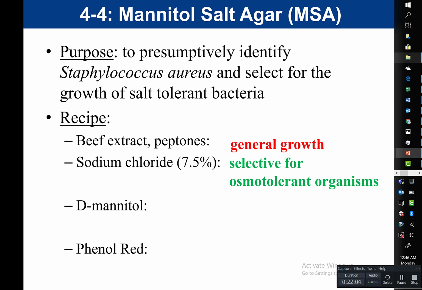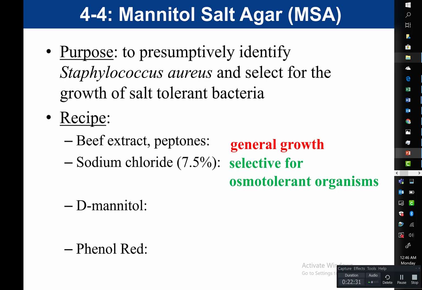So this is a higher than usual salt concentration, and that salt, again, is going to be our selective ingredient. We are selecting for organisms that are osmotolerant. So if we think back to when we compared staph and strep, we would expect that staph would grow on an MSA. Strep would not, because strep is not osmotolerant, right?